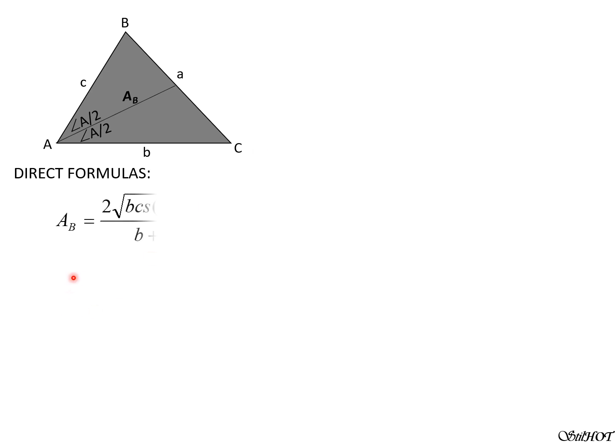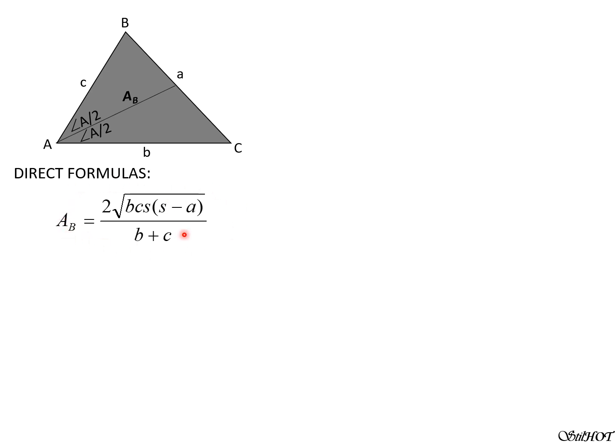So A sub B is equal to 2 square root of B C S quantity S minus A all over B plus C. So you need to memorize this. I think I derived these formulas in my playlist, Vitamath. You just look at the derivation of these formulas.